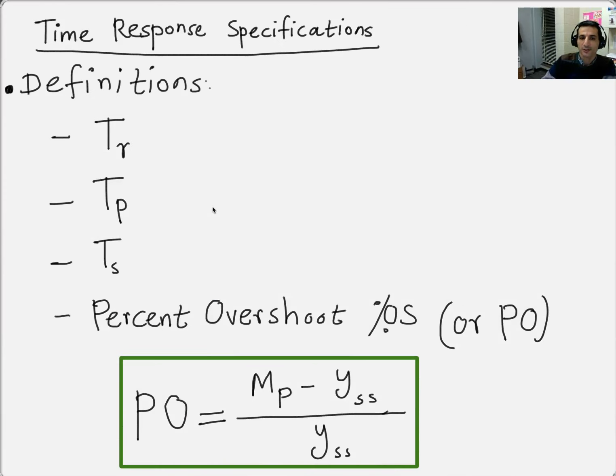This equation shows that the difference between the value of the peak and the steady state response, divided by the steady state value, is called the percentage of overshoot, or PO. Sometimes it's just shown by percentage OS.